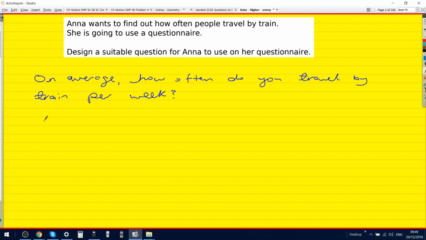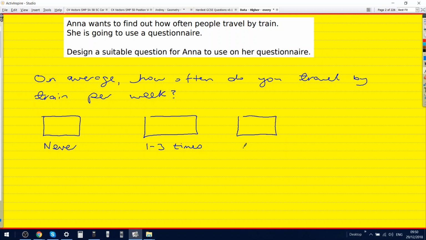One box is like 1 to 3 times. Another is 4 to 6, and another every day.